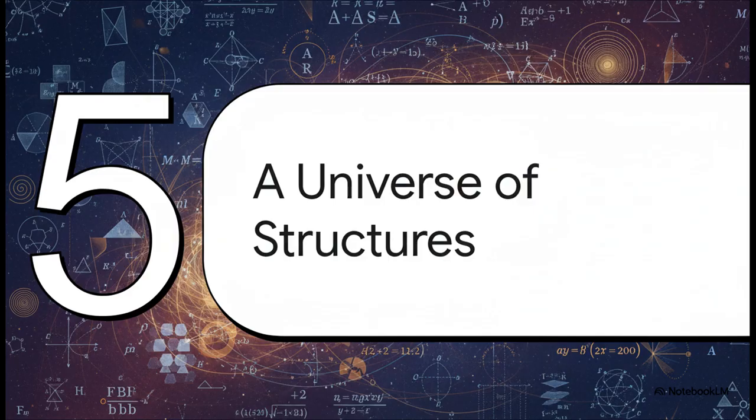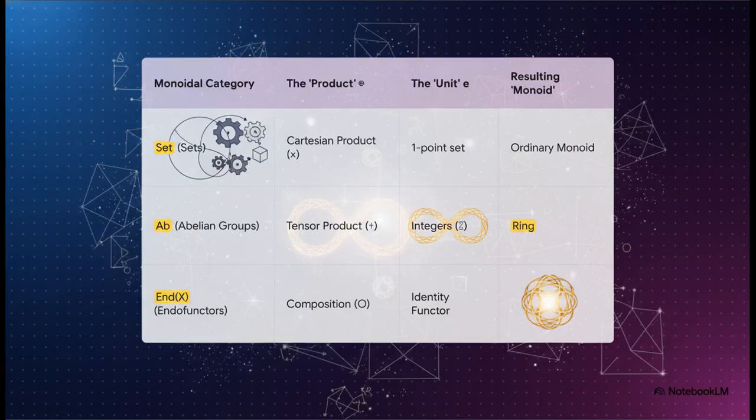Okay, so that's pretty abstract. What does this actually get us? Well, it reveals this incredible hidden unity across what seem like totally different parts of math. Let's just look at this table to see it in action. If our world is the category of sets, and our product is the regular old Cartesian product, then our universal pattern gives us a plain old monoid, right where we started. But what if we change the category? What if we're in the world of abelian groups, and we use a different kind of product called the tensor product?